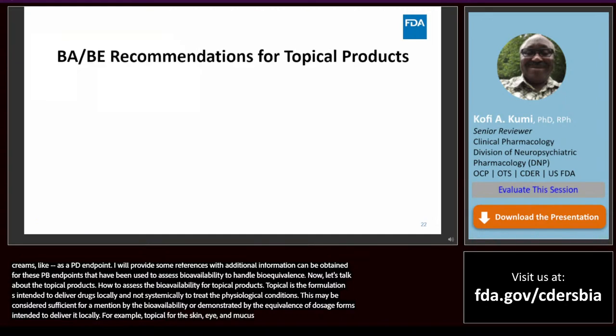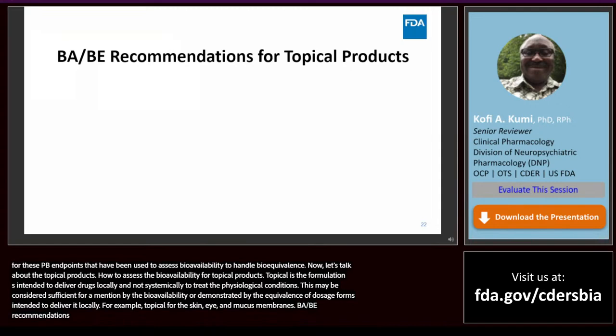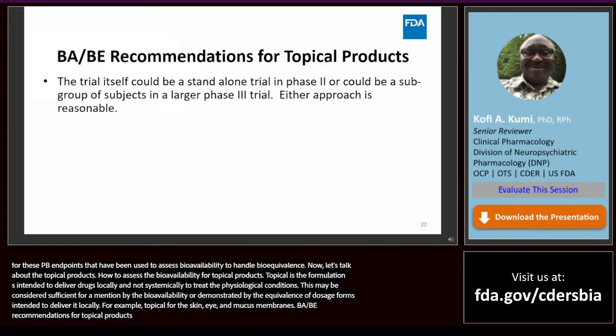Some recommendations for conducting clinical trials for topical products. The trial itself could be a standalone trial in phase 2, or could be a subgroup of subjects in a larger phase 3 trial. Either approach is reasonable.